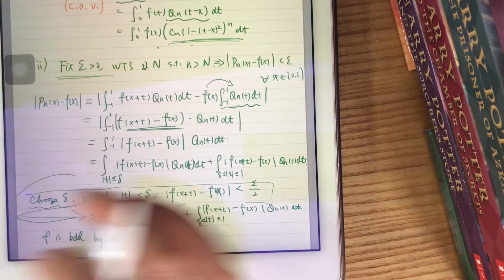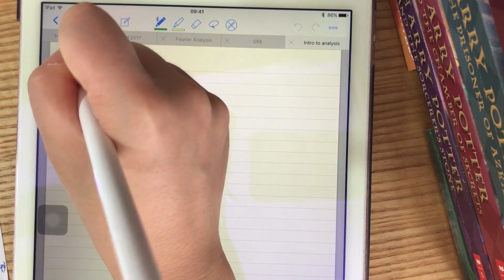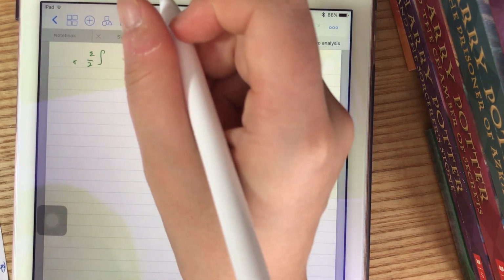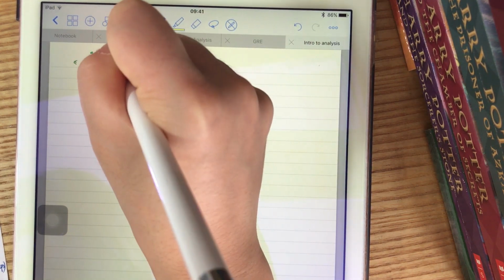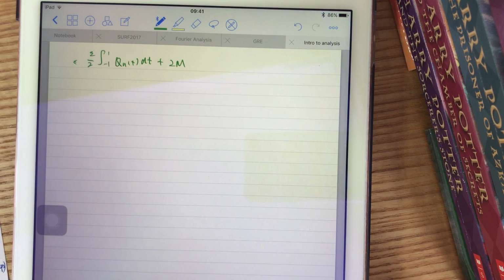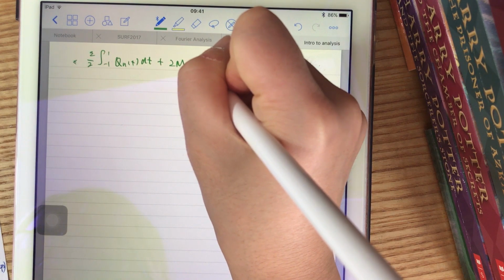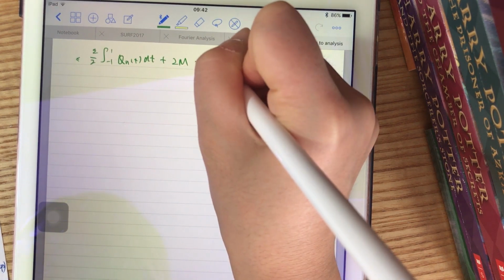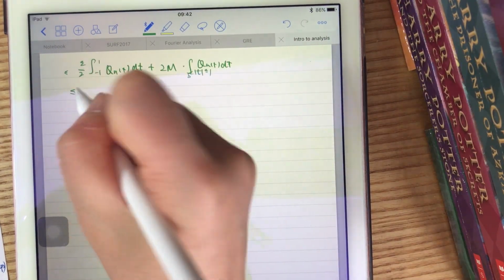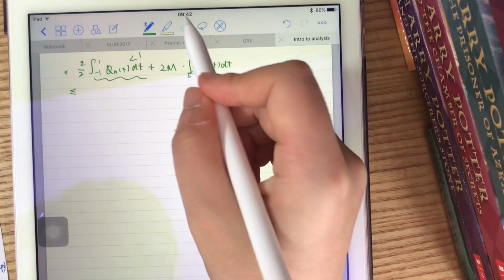In fact, the last thing is, since it's bounded, the inequality will be plus 2M. Well, since f is bounded, the absolute value of the difference will be smaller than 2M, right? Times the integral of qn over the remaining region. So this term will be smaller than 1, right?